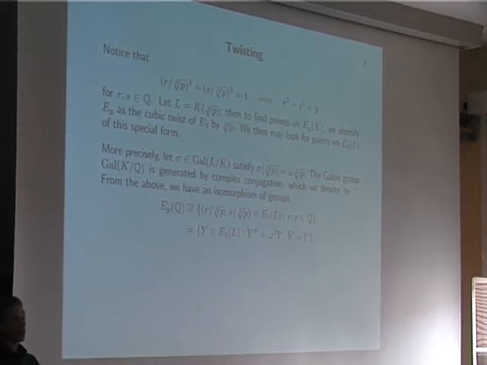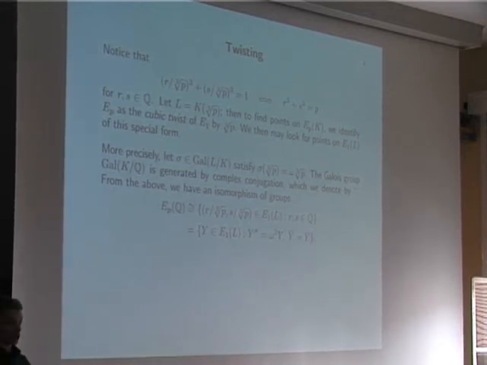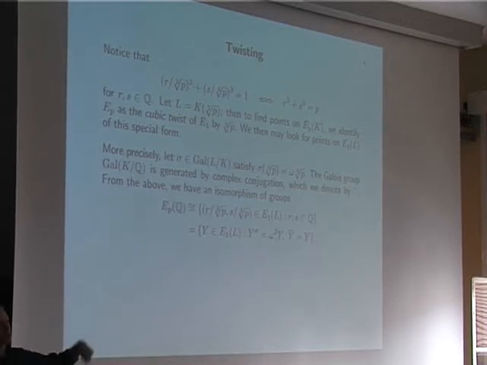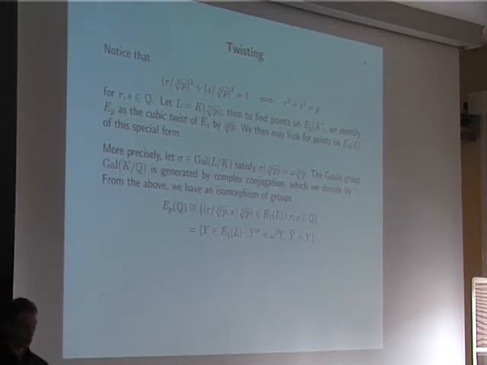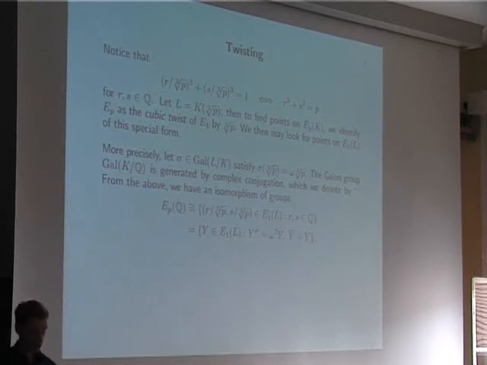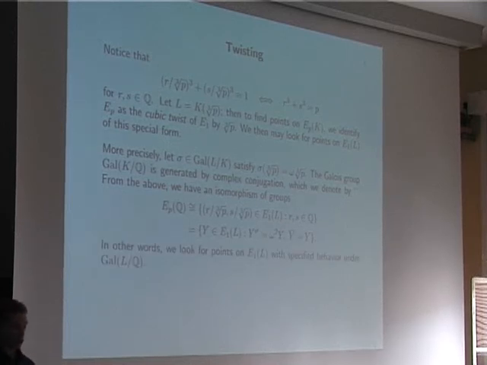It'll multiply it by omega. Since that's in the denominator, it's really like multiplying by omega squared. And we also want it to be fixed by complex conjugation. Okay, so that's just a restatement of that. So in other words, we're really looking for points on E_1 with a specified behavior under the Galois group of L over Q.